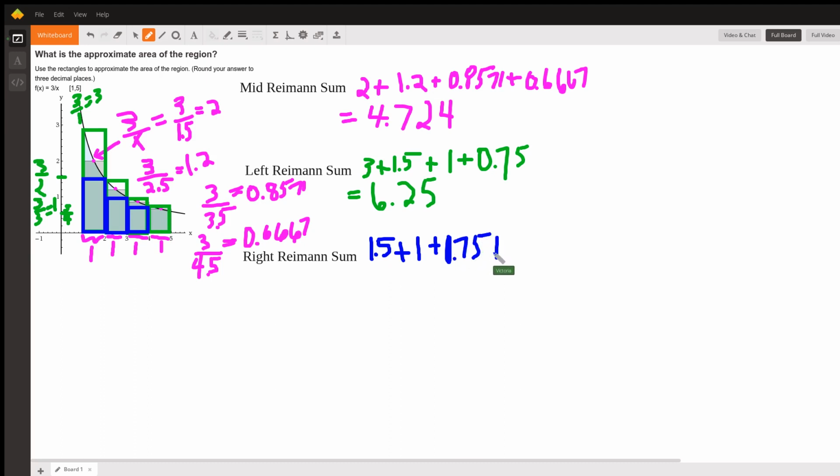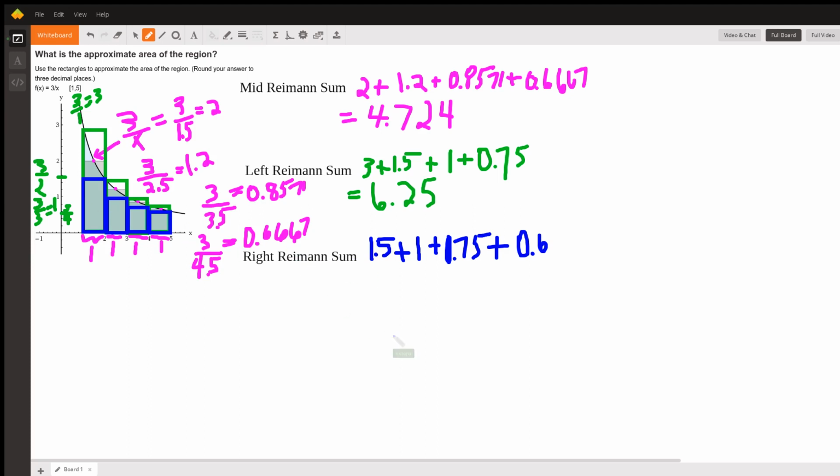And then the last rectangle, we're going to go up the right edge of this rectangle, stop at the function, and draw it across. So this one, 3 over 5 is 0.6 times 1 is 0.6. Now, this one is going to be an underestimate because all of our blue right rectangles fall below the curve.